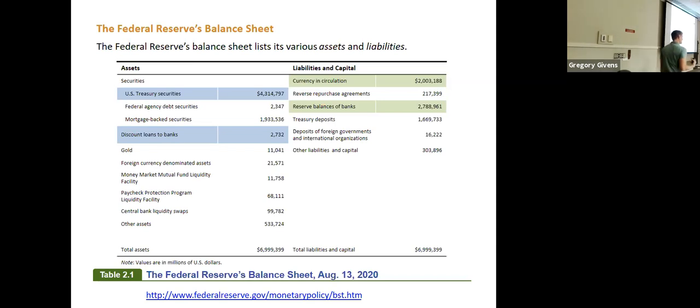Yeah, I think the best way to think about this is that it's kind of an artifact of when we were on the gold standard, right? At one time, you actually could take a Federal Reserve note to a bank, to a Federal Reserve bank, and exchange it for a fixed amount of gold, right? But in a more real sense, what does a Federal Reserve note represent? What's your name? Levi?